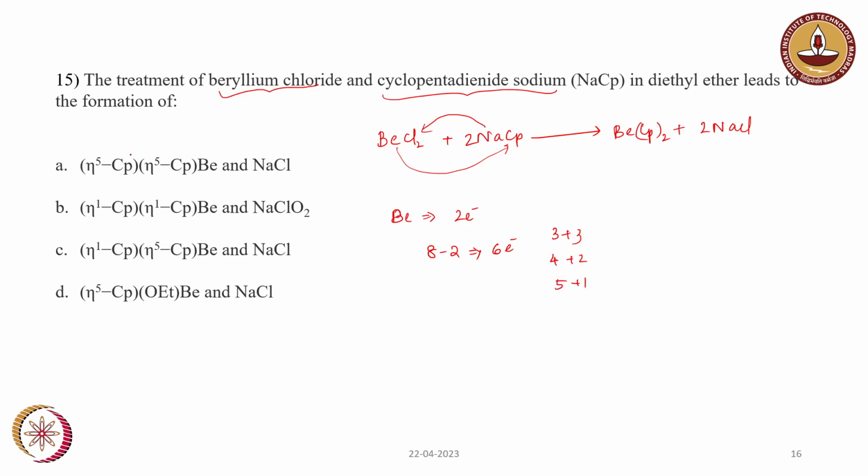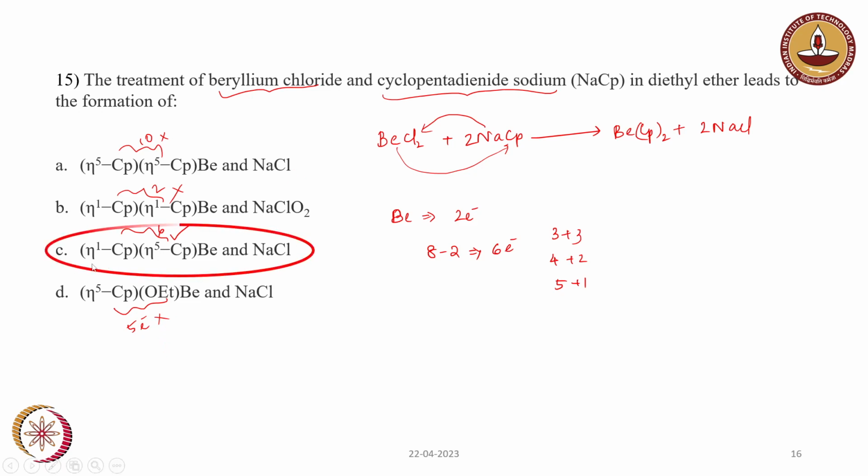We are given 5 plus 5, which will be 10 electrons, which is not what we need, and 1 plus 1 is 2, which is again not possible. 1 plus 5 is 6, so this can be the configuration, and we are given 5 and OEt, so this is only 5 electrons, so this is not a possible configuration. So option C is the answer, where hapticity is eta 1 and eta 5 for Cp2Be.